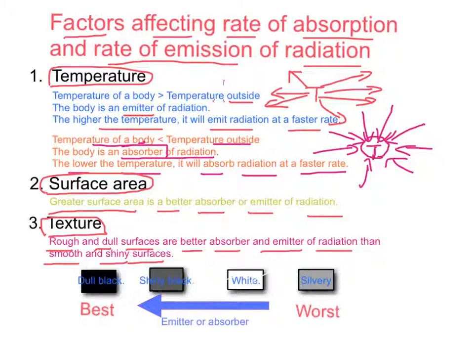For four kinds of surface, the first one is dull black, the second one is shiny black, the third one is a white surface, and the last one is a silvery surface, all of the same surface area. The dull black surface is the best emitter or absorber of radiation, while the silvery surface is the worst emitter or absorber of radiation.